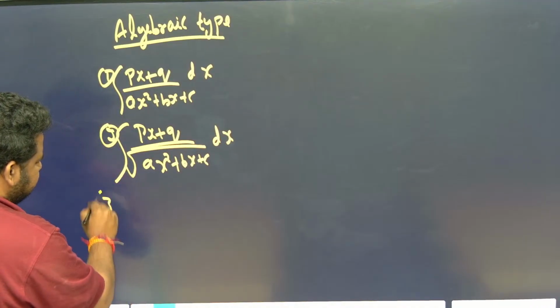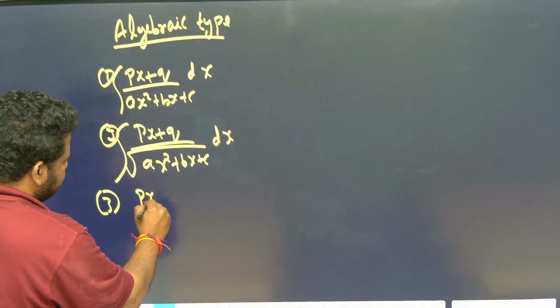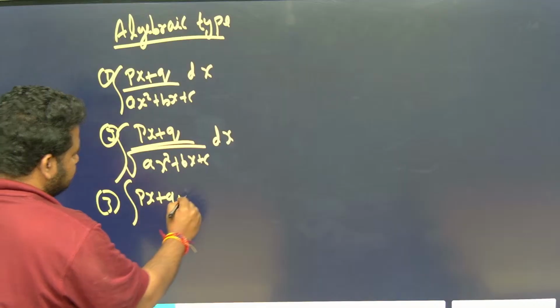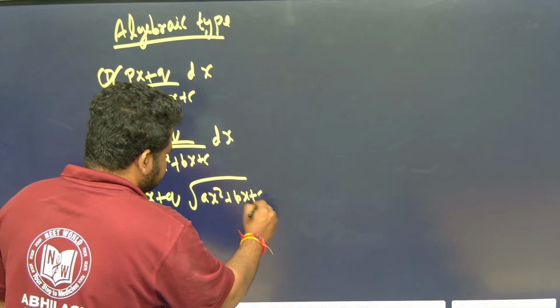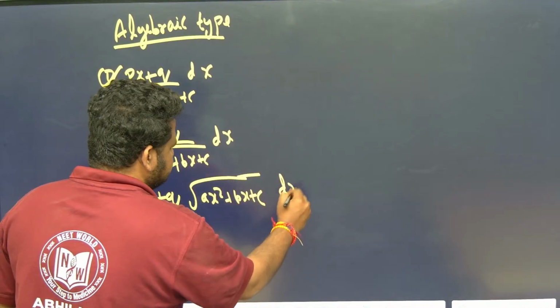Next form is px plus q into square root of ax square plus bx plus c, into dx. This is what you will have, friends.